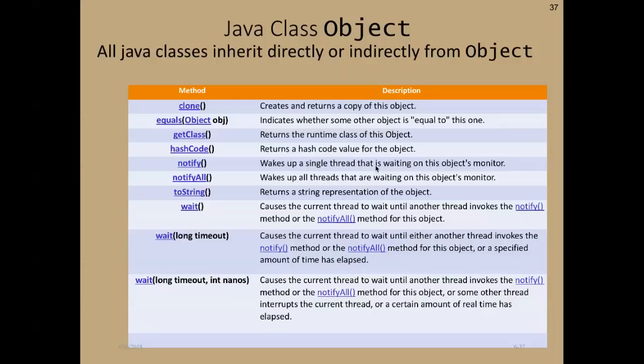If you do not override it, it shows the address in hexadecimal format. That is not meaningful sometimes. This is why we have to override toString.